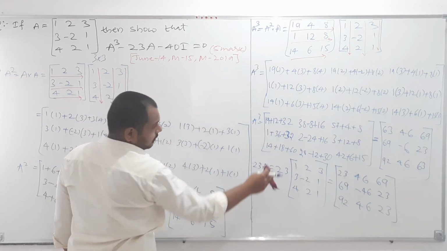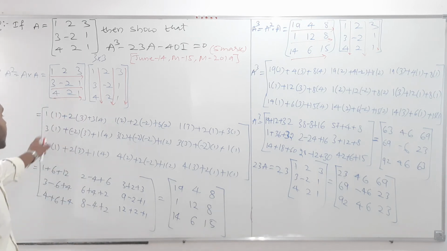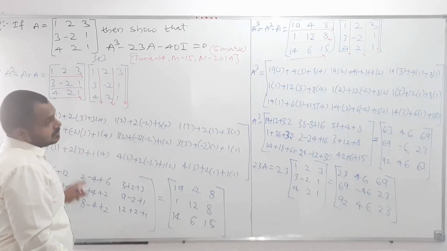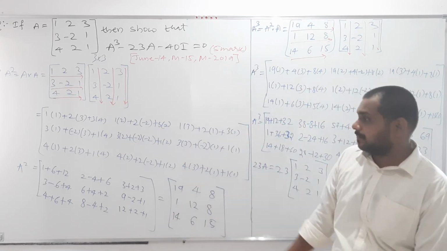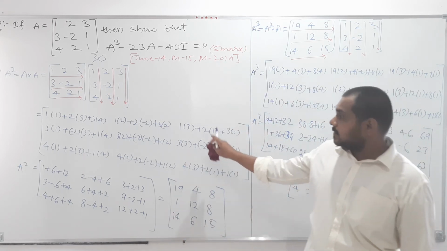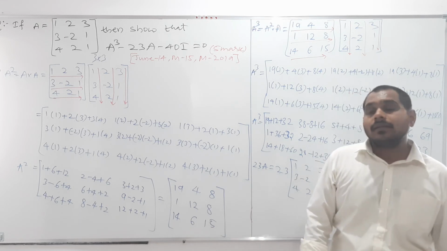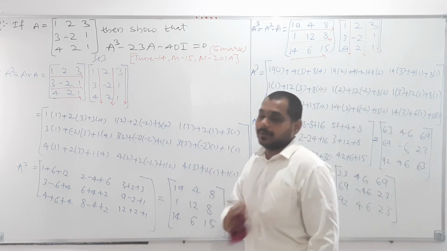Since here I don't have space, I will erase this part, my dear students. I hope you don't have any doubts in that. So please pause the video and write it down, and if you still have any doubts, please comment and I will reply.